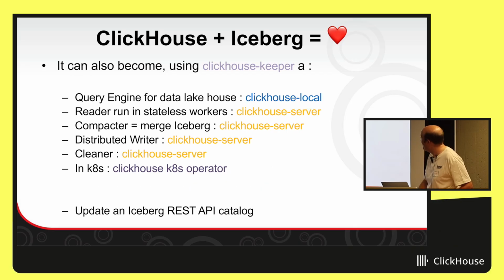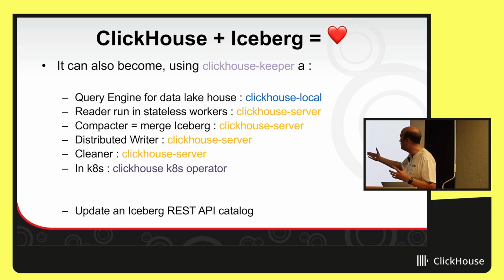If you want to run it as a query engine, which I will show, you can use Clickhouse local. And if you want to scale that, you can have as many workers as you want. You can basically break what works as one binary into a distribution of that one binary over different stacks. So you can compact the files so that they don't grow to millions with the same Clickhouse server.